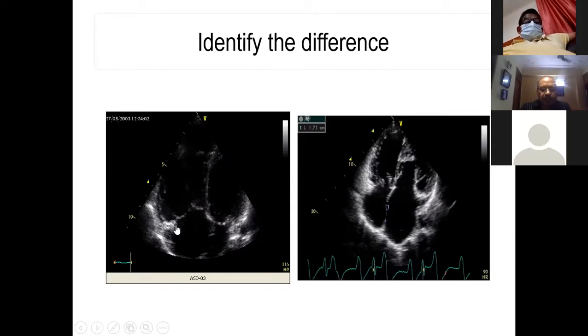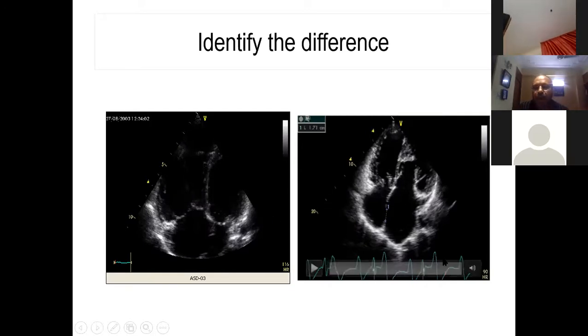RA to RV, atrioventricular concordance for RV. So RA is connected through tricuspid valve to RV. So there's no discrepancy, no discordance.